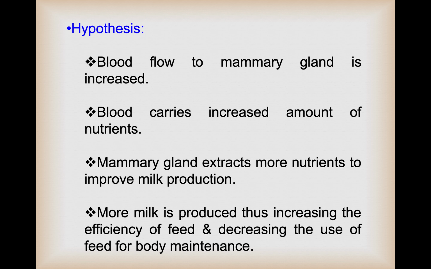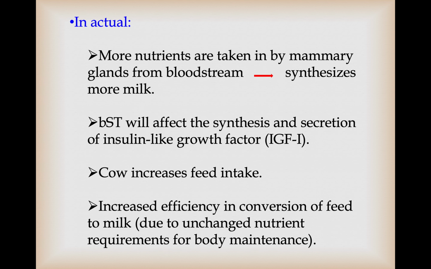Blood, as we know, carries an increased amount of nutrients, so the mammary gland will extract more nutrients to improve milk production, and hence they hypothesized that more milk would be produced, thus increasing the efficiency of feed and decreasing the use of feed for body maintenance.